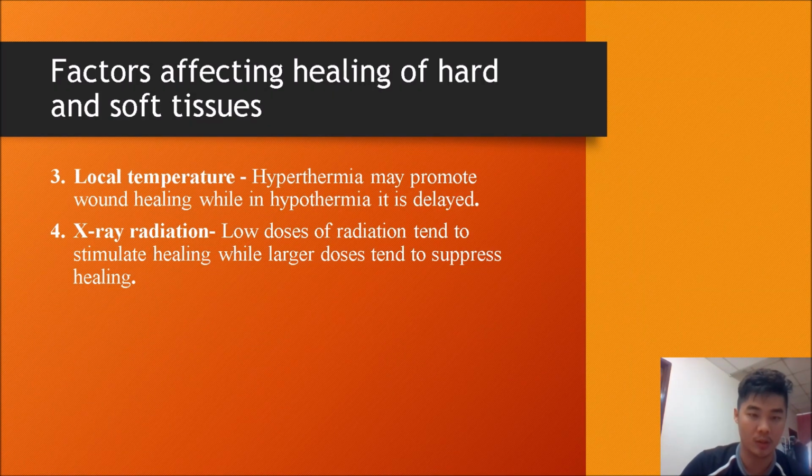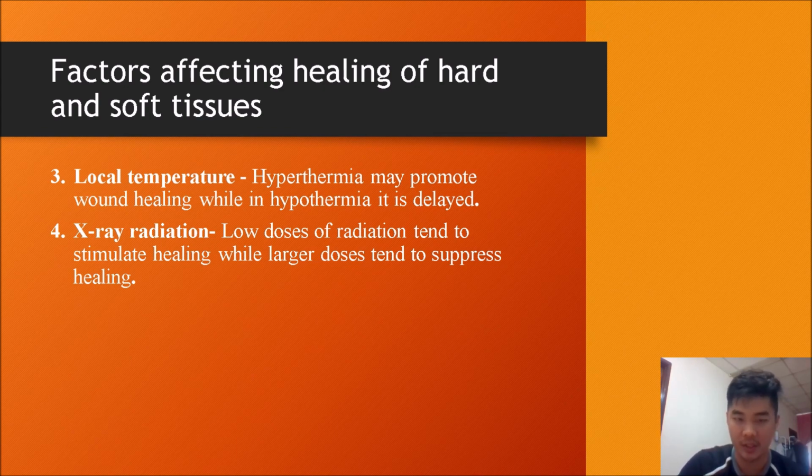Okay, next will be local temperature. So hyperthermia may promote wound healing, while in hypothermia it is delayed. Hyperthermia means increase in body temperature, whereas hypothermia means decrease in body temperature. This is due to the action on cell multiplication and local circulation. Like I said earlier in the previous slide, it is ideal for a wound to heal under moist and warm conditions.